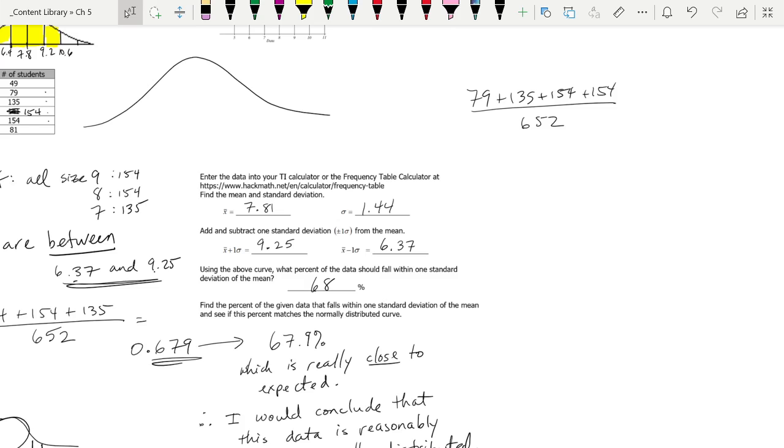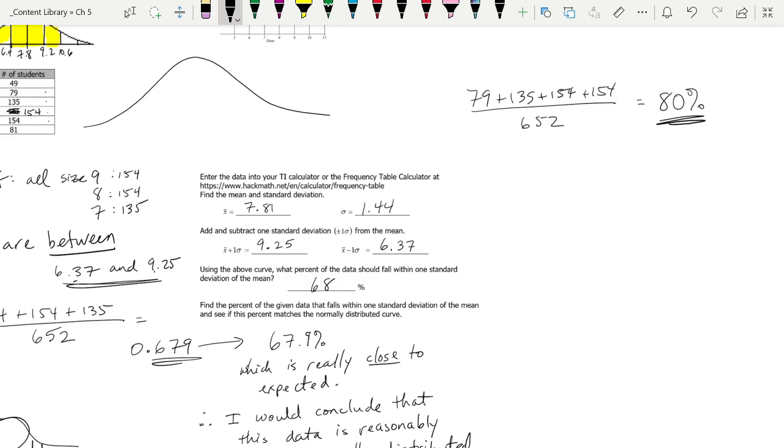Open a bracket, 79 plus 135 plus 154 plus 154, close brackets, divided by 652. Now I seem to have given a little more legitimacy to my graph prediction, that this isn't that normal. The middle was fairly normal, but the ends kind of aren't.